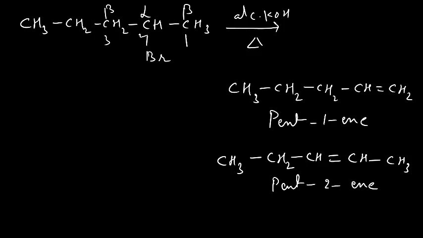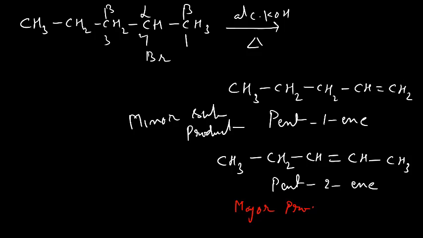Right. So out of these two, which is the major substance, which is the minor substance? This is the minor product. And of course this is the major product. Why is it the major product? With respect to the double bond, this is an ethyl group and this is a methyl group.